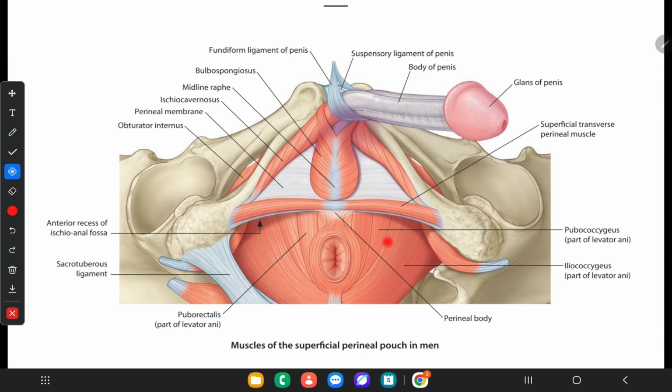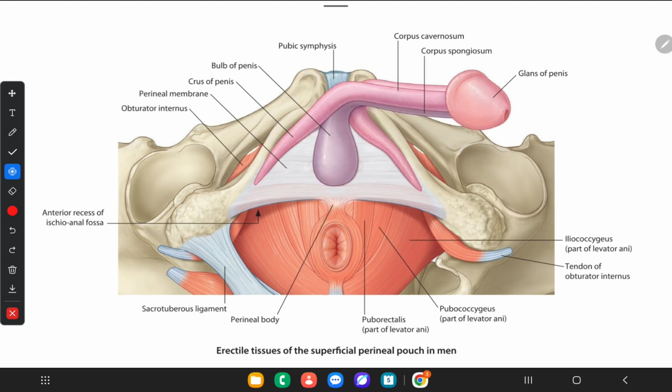And here also there are the three parts of the levator ani muscle. What are those three parts? Again, we'll see puborectalis muscle, then pubococcygeus muscle and iliococcygeus muscle. Once the muscles in the urogenital triangle are removed, you can see these structures. The crus of the penis is covered by the ischiocavernosus muscle, and the bulb of the penis is covered by the bulbospongiosus muscle.